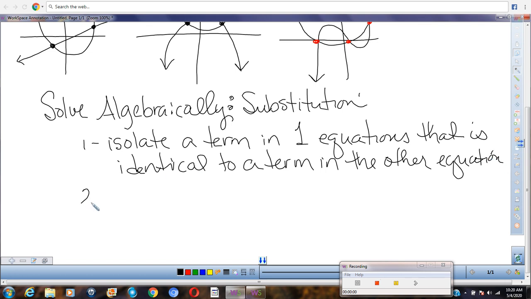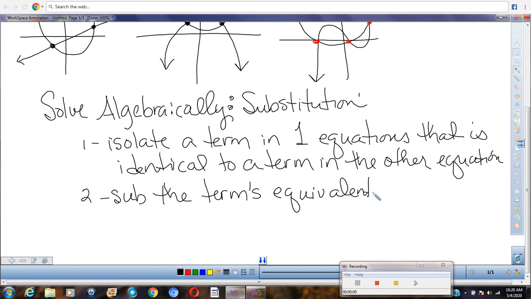Two, you want to substitute the terms equivalent, and I usually have you put a box around what that equals, into the other equation. Three, you want to solve for the remaining variable.